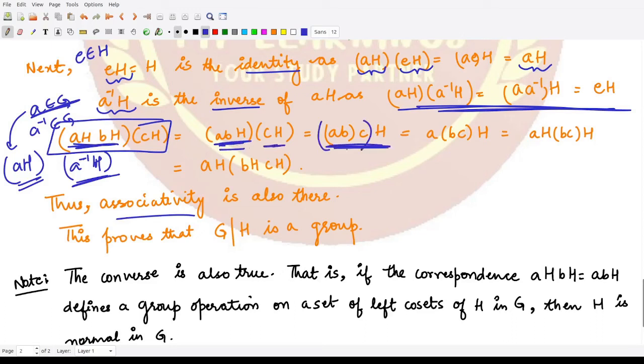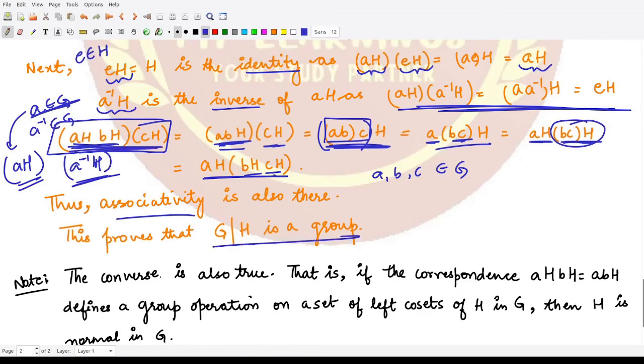Now we can apply the associativity onto the elements A, B, C, because all three elements A, B, C are members of G, and G is a group. Again using the definition, we can open up on these two elements, so it would be AH, BCH. Then again onto this we can apply the definition, so it would become BHCH. So this is what we wanted to prove for associativity, hence this forms a group.